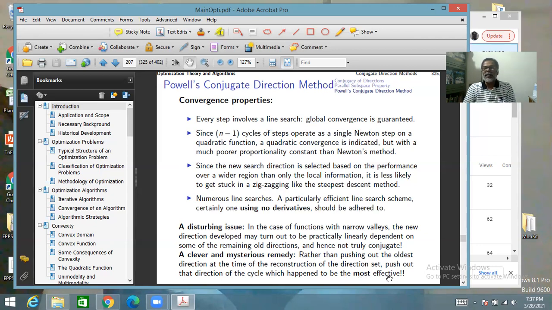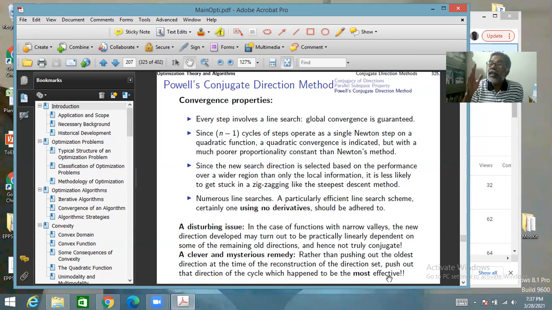So push out the direction of the cycle which happened to be the most effective. And this is very interesting. We have n staff in our office, a new one comes, and we have to lay off one of the old staff members, and we lay off that one old guy who happened to be the best among the lot. The reason is that the best among the lot is the one along which the line search produced the largest step.